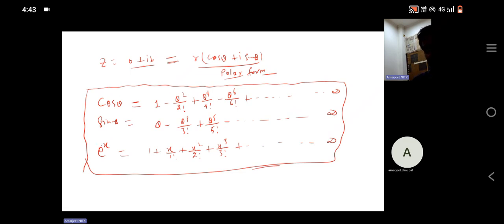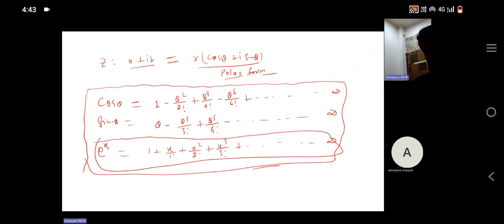So here e to the power x is these things. What you do? You just replace x by i theta in this formula.